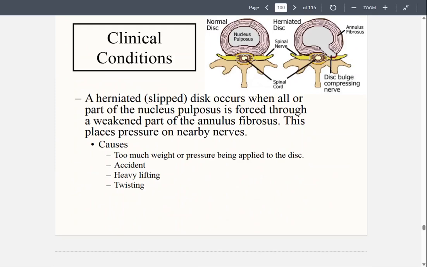Now, depending on how it protrudes, you may never notice it. There was actually one study done where they took MRIs of individuals. First thing, disc herniations can only be diagnosed with MRIs or CTs. You cannot diagnose them with an X-ray. You can suspect, but you cannot diagnose based on an X-ray. You need soft tissue imaging.